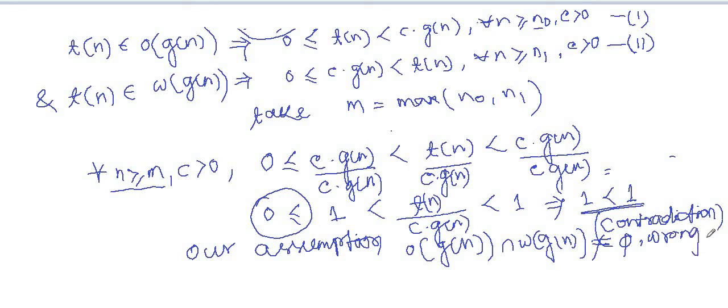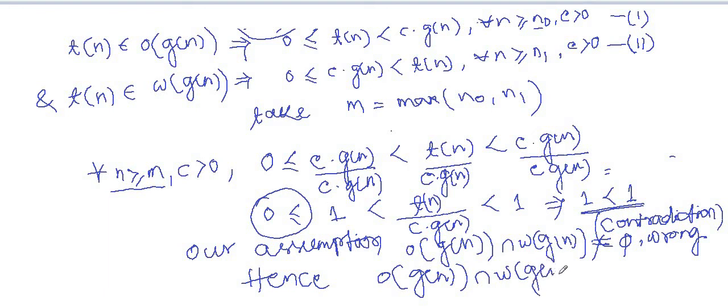Hence small o of gn intersection small omega of gn equals to phi.